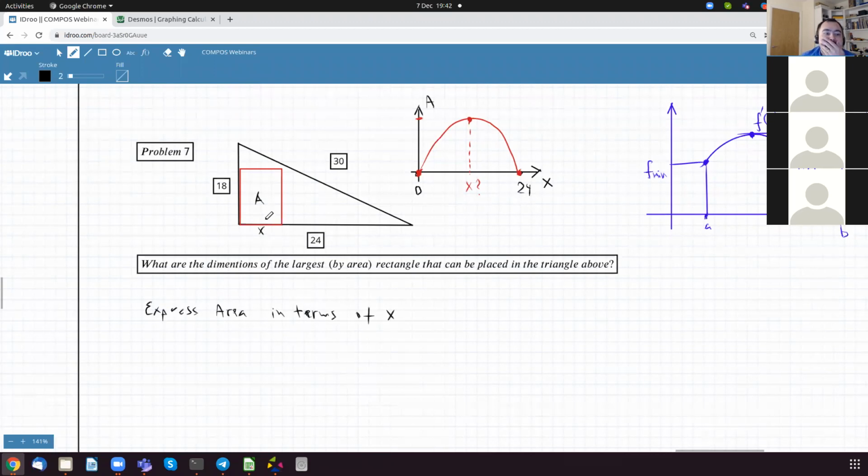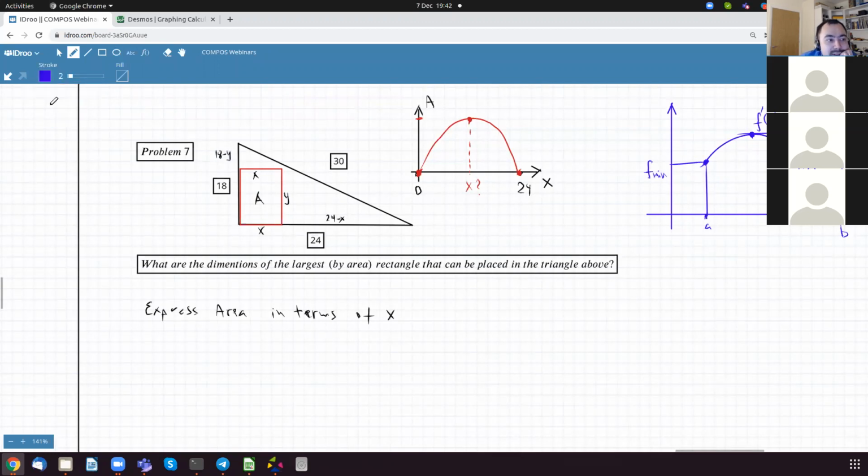So let's suppose that this is x. This is x as well. For simplicity, I'm going to write that this is y. This is going to be 24 minus x, because this is x and this is 24. And this side is 18 minus y.